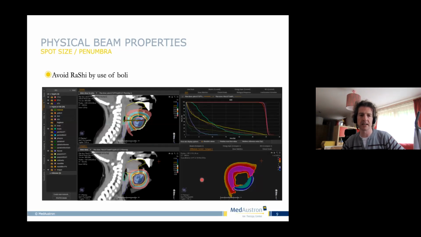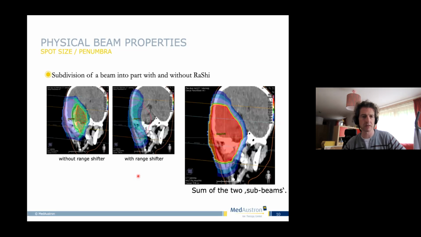And by that, you also can narrow down the beam penumbra quite dramatically, which is often a useful tool in pediatric patients where you're very interested to narrow down the low dose path even further compared to photons. And then also here you can see how much impact it is to have a further range shifter attached to the skin with such a bolus.